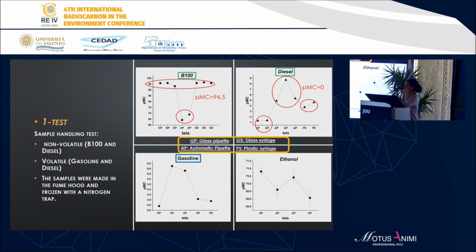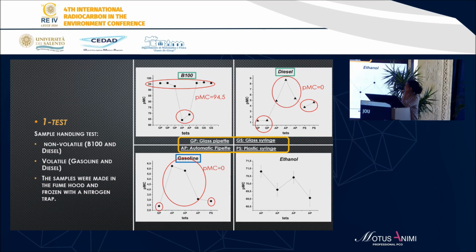Gasoline is a fossil source and very, very volatile. The result with the automatic pipette was around 6 and 3, and the plastic ring was around 3, and the glass pipette was around 2, and the expected value is 0 because it's a fossil source.